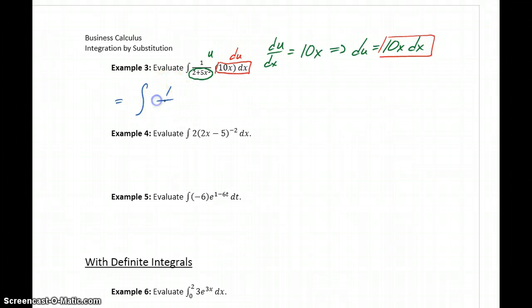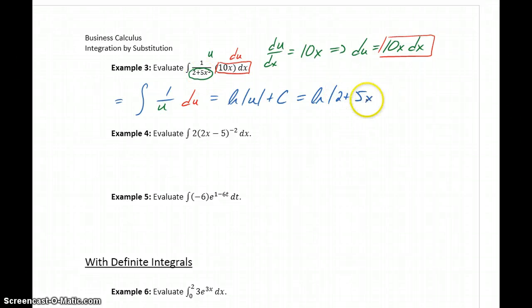So this will become the integral of 1 over u du, which integrates as the natural log of the absolute value of u plus some constant c. And then swapping back in our original expression for u, we get the natural log of the absolute value of 2 plus 5x squared plus that constant c.